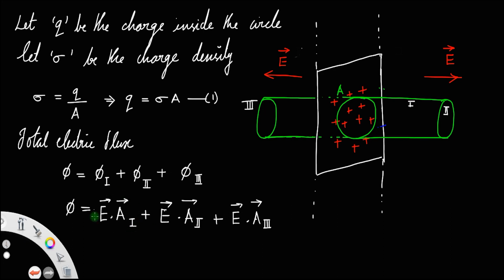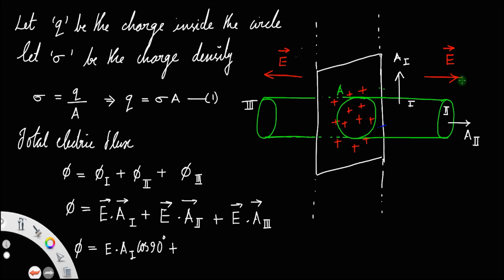Clear? Now we have to look at the angle between this electric field and area vector. Let us consider the first area. The area vector A1 is in this direction. Clearly, area and electric field are perpendicular to each other. So total flux phi equals EA1 cos 90, plus for the second area, the direction of area vector will be in this direction, A2.